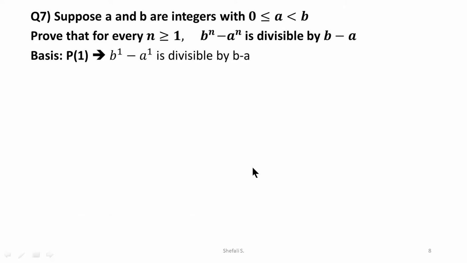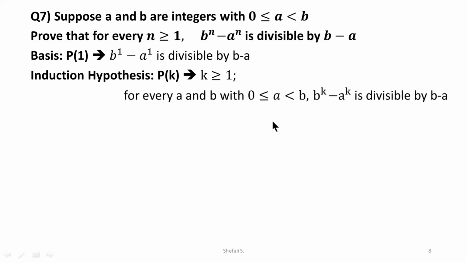So in that way, whenever the first term is there, the predicate involving 1 gives me a very clear-cut option that it is divisible by b minus a. For the predicate involving k, where k is necessarily greater than or equal to 1, I can say that b raised to k minus a raised to k is divisible by b minus a.